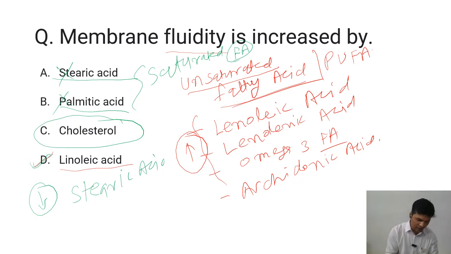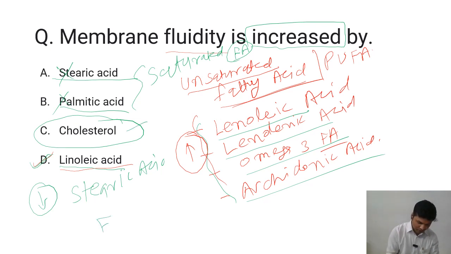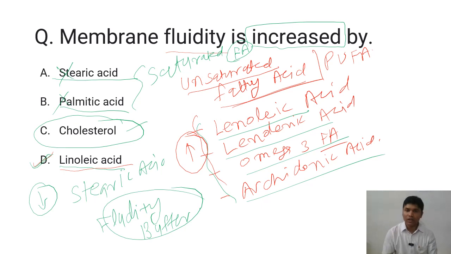The answer will be linoleic acid, which increases fluidity because linoleic acid is an unsaturated fatty acid, and we know the unsaturated fatty acids are linoleic acid, omega 3 fatty acid, and arachidonic acid. These are responsible for increased fluidity, and cholesterol is known as the fluidity buffer. So if any question comes related to this, we can answer.